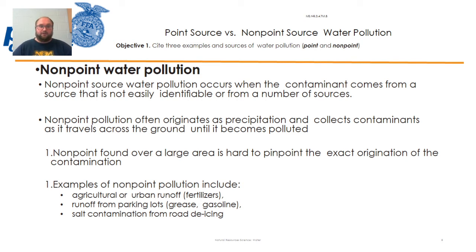It often originates as rain, snow, precipitation, and it collects contaminants as it travels across the ground until it becomes saturated, until it becomes polluted. Non-point source pollution is found over a large area, and it's hard to pinpoint the exact origination of the contamination.